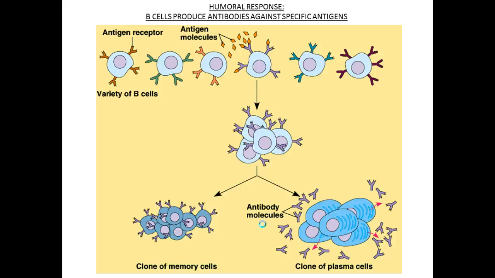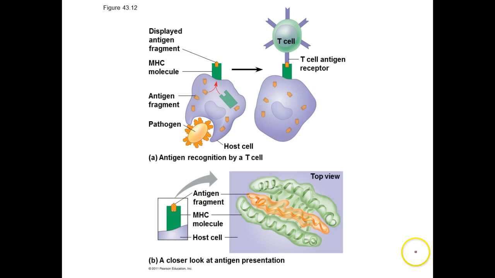Once that antigen is recognized, the B cell will bind to it, and it will wait for the helper T cell to activate it. And once it's activated, it will produce clone memory cells, and it will produce a group of cells called plasma cells, which will produce antibodies. And antibodies are a key thing in the humoral response.